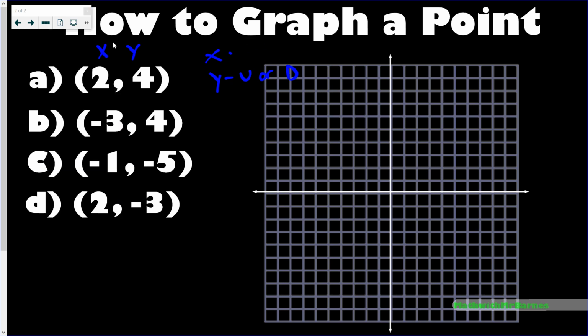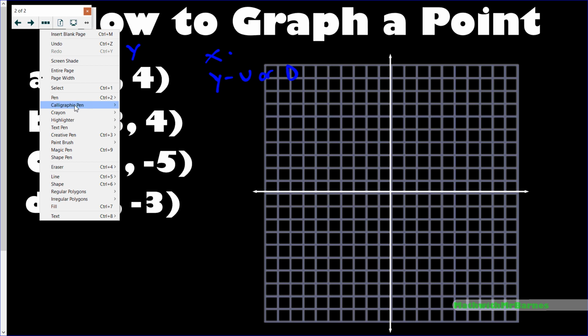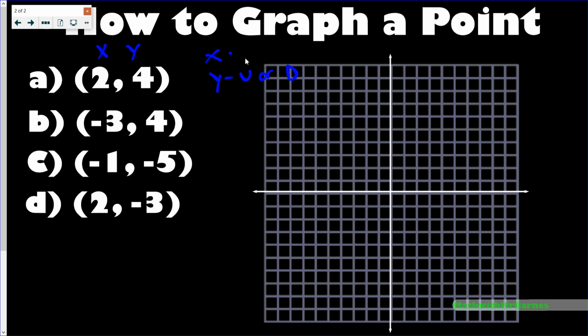Let's try this. So right or left. Remember, right and up mean plus, and left and down mean negative. All right? So if I have 2, 4, that means I move right 2 and up 4.